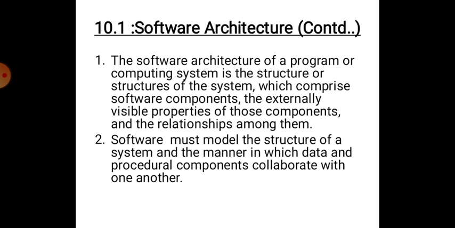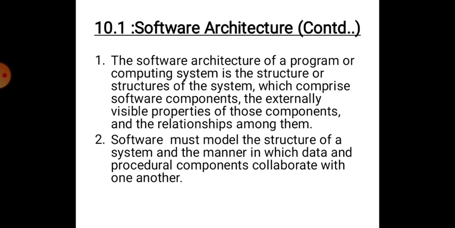Now, the software architecture of a program, that is what we should study. Software architecture of a program or computing system is the structure or structures of the system which comprise software components, the externally visible properties of those components, and the relationships among them.